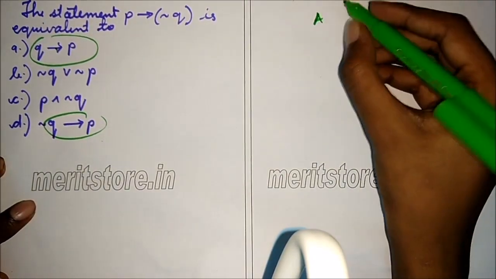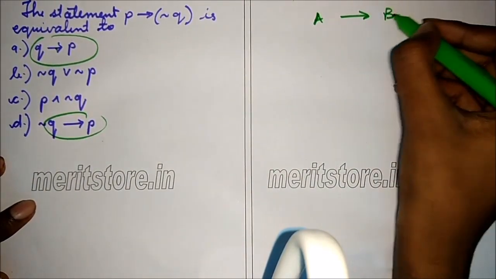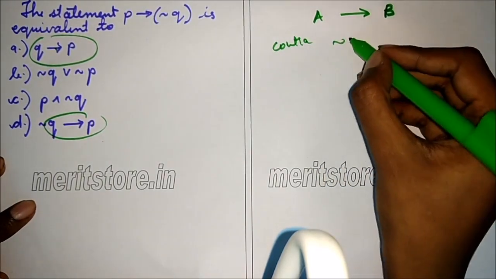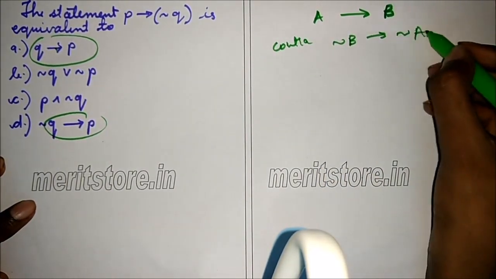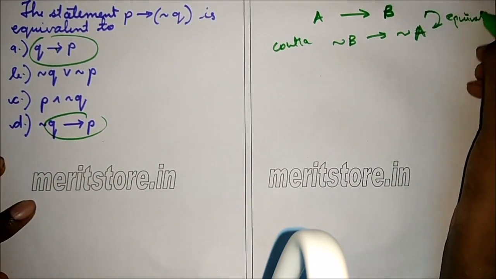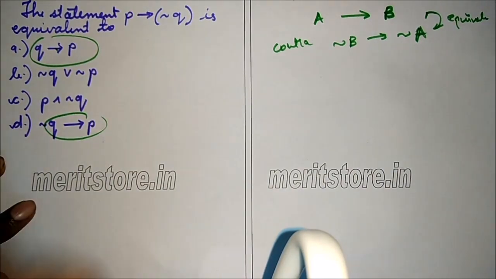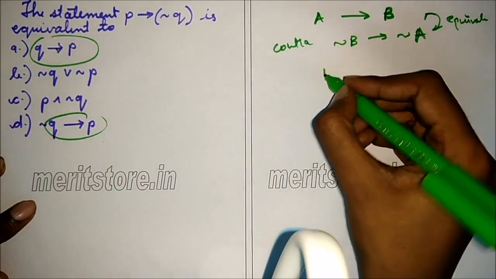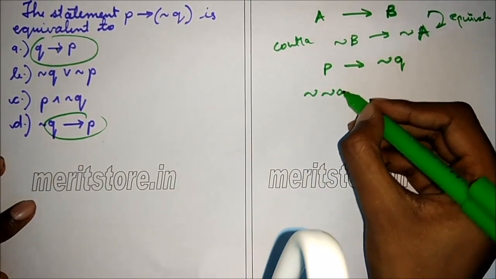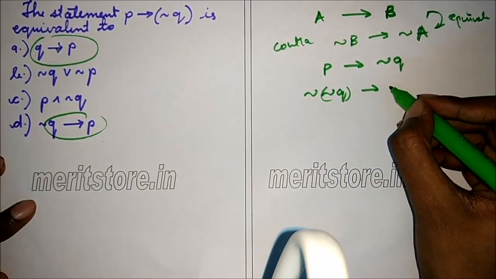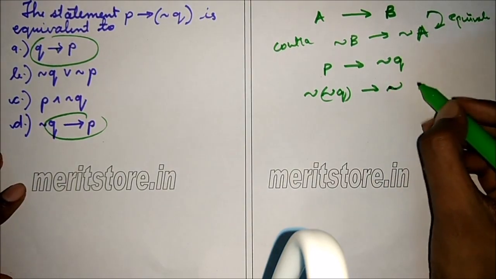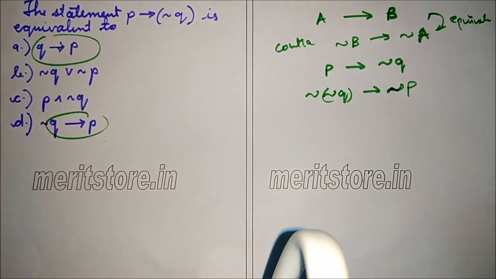The contrapositive of an implication statement A implies B is negation of B implies negation of A, and these both are equivalent. So first let's find the contrapositive of this statement, P implies negation Q. The contrapositive will be negation of negation Q implies negation of P.